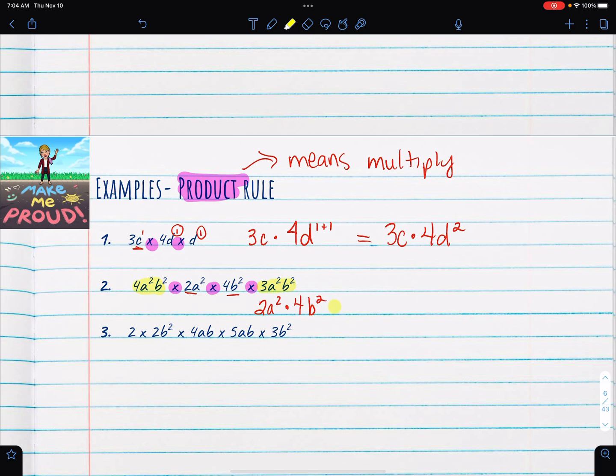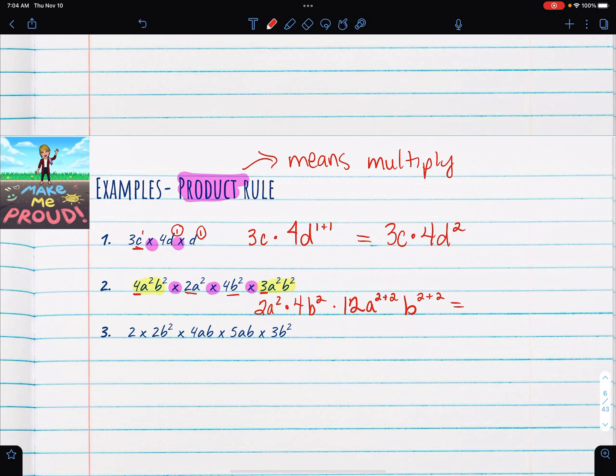So I'm going to write that out. I'm going to go ahead and multiply the 3 and the 4 because I can put those together. That's 12. And then I'm going to write a, and one of them has a 2 and the other one has a 2. And b, one of them has a 2 and the other one has a 2.